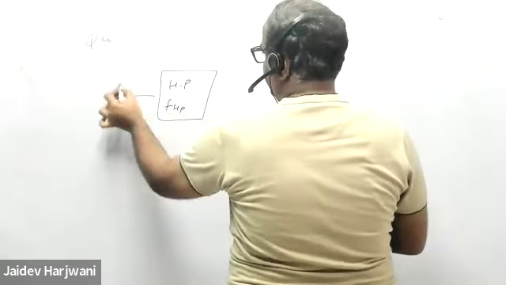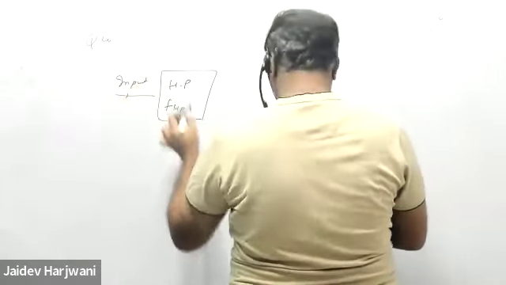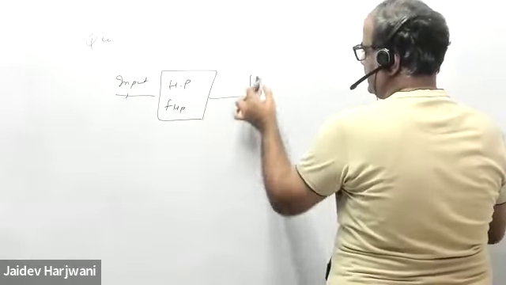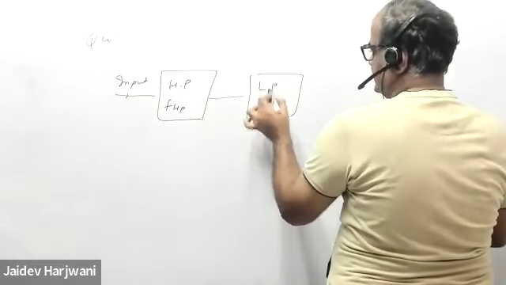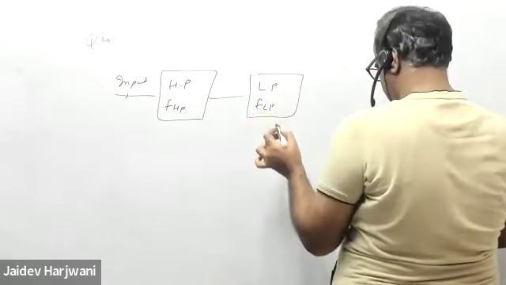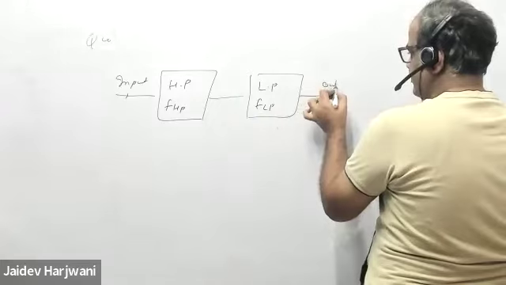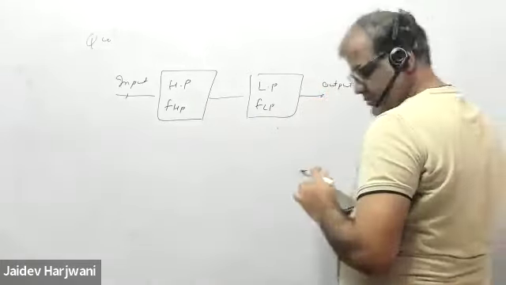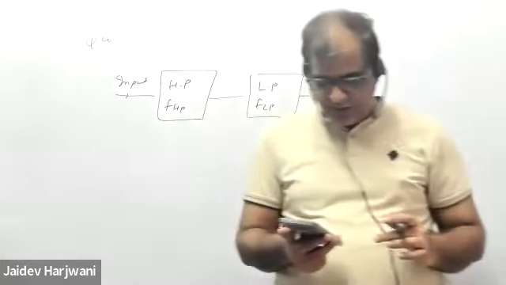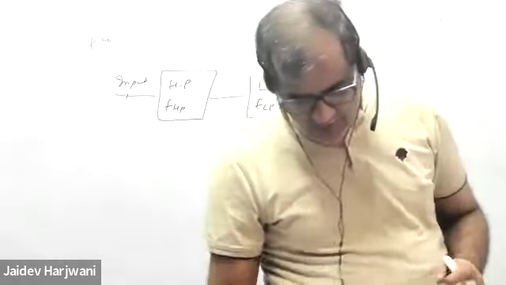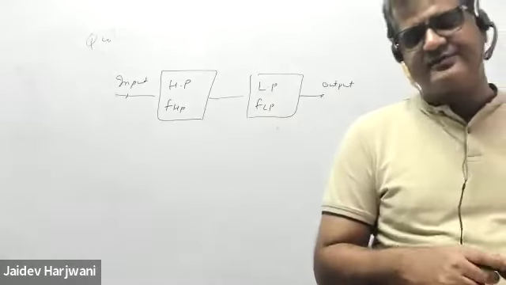I'm giving an input, and then this is a low pass filter, FLP, and this is your output. Tell me, which option is correct?